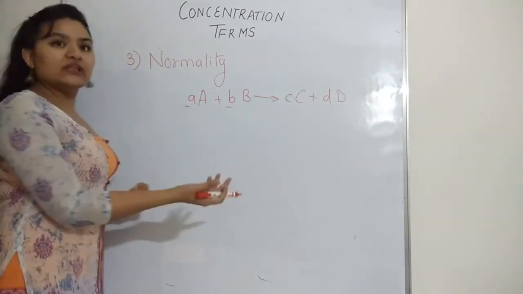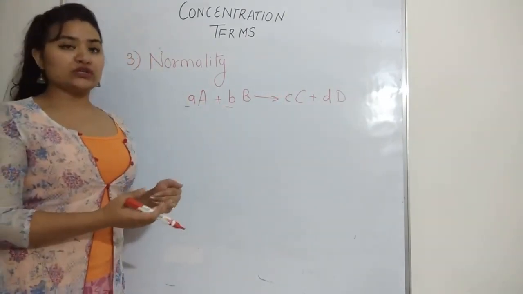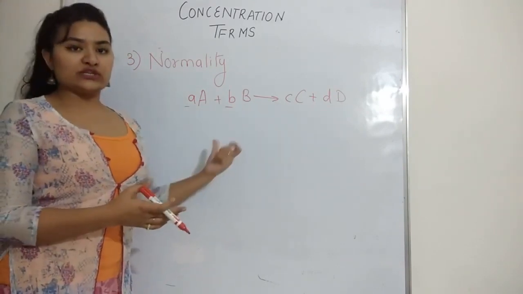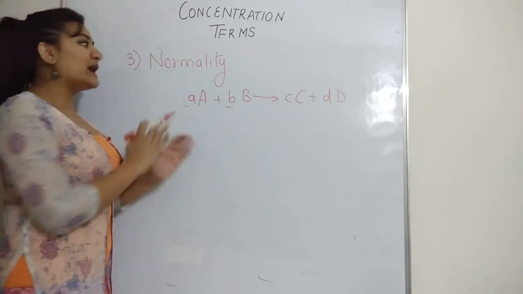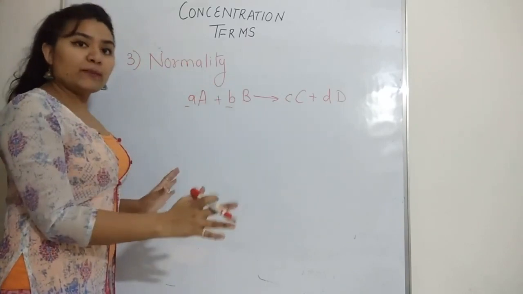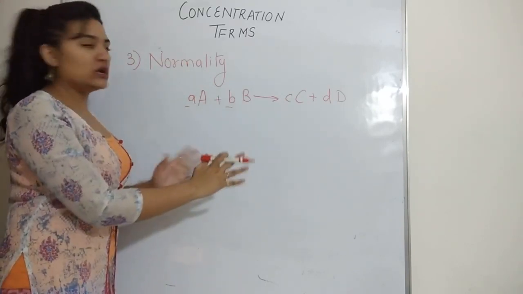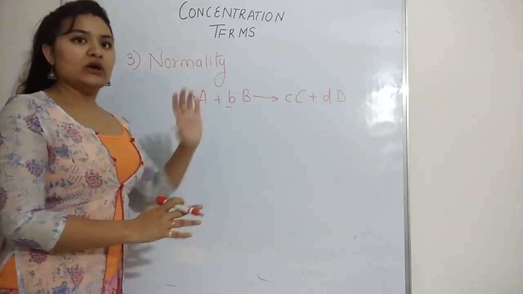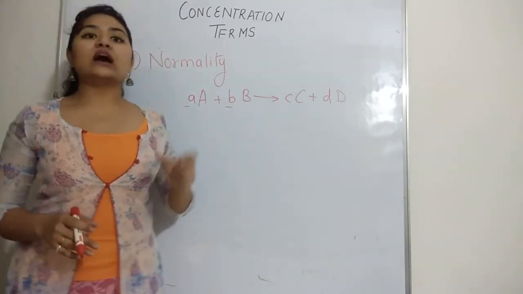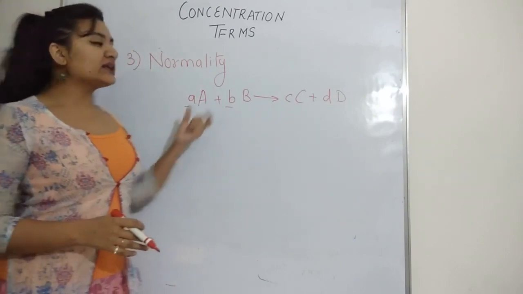And they are not even equal. When we balance an equation, the moles are not equal to each other. They only help in balancing the number of atoms on both sides so that the total number of atoms on both sides is equal. But equivalents are always the same for reactant as well as product.